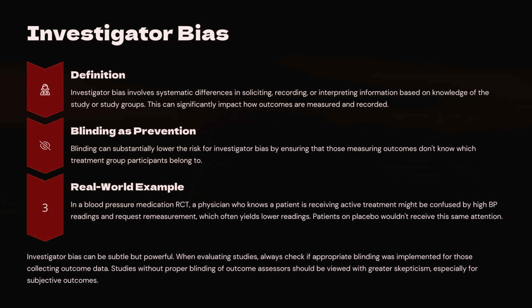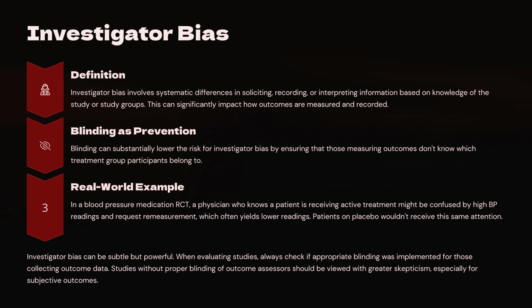It can substantially lower the risks whether the investigator is doing it knowingly or unknowingly. It ensures they aren't changing how they assess outcomes based on their knowledge of who's in what treatment group. So a real world example here, in a blood pressure medication randomized controlled trial, a physician who knows a patient is receiving active treatment might be confused by high blood pressure readings and request remeasurement, which often yields lower readings.